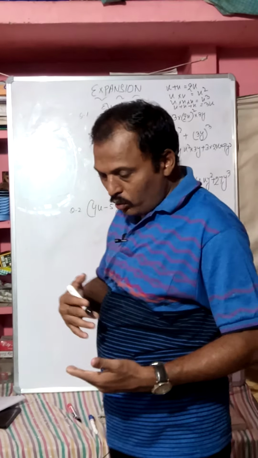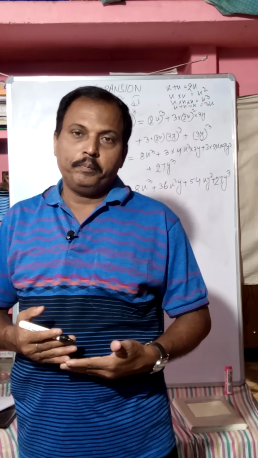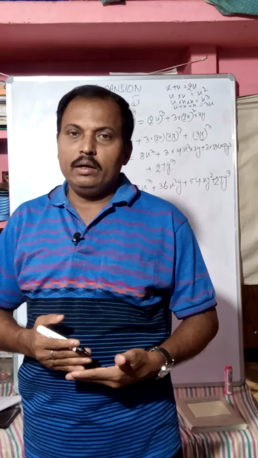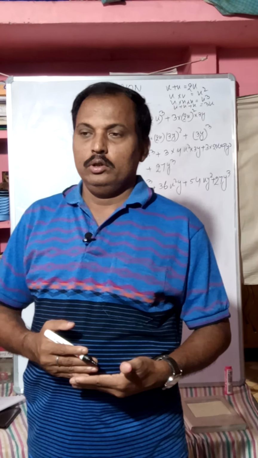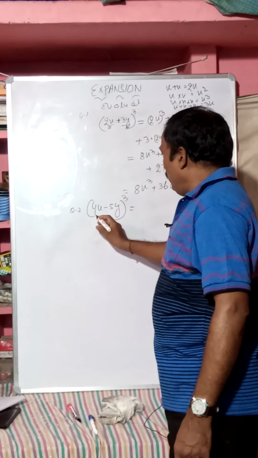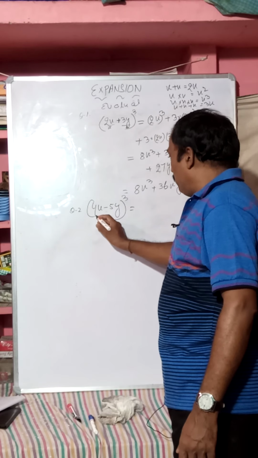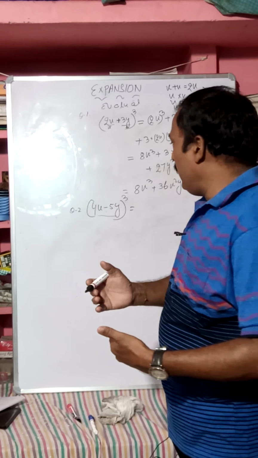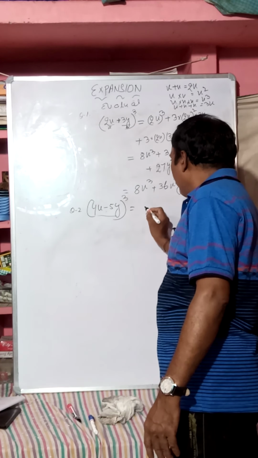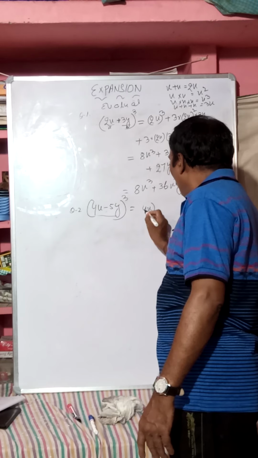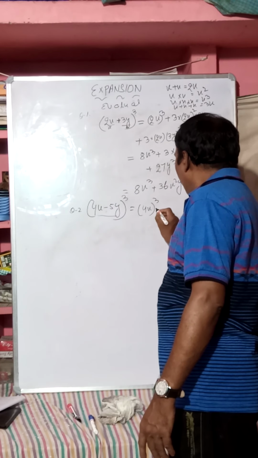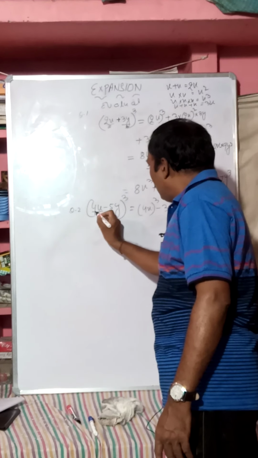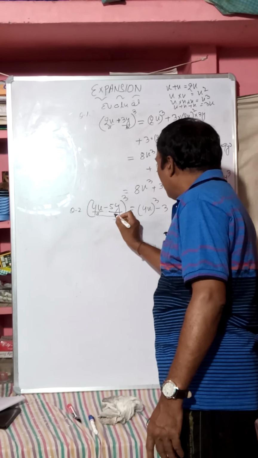So a minus b whole cube formula, a cube minus 3a square b plus 3ab square minus b cube. So first we put a minus b whole cube as like as the formula, right side of the formula a cube means 4x whole cube minus 3, this minus before minus that is a, after minus that is b.